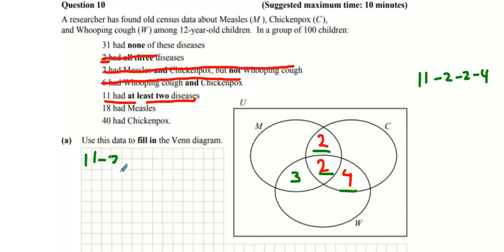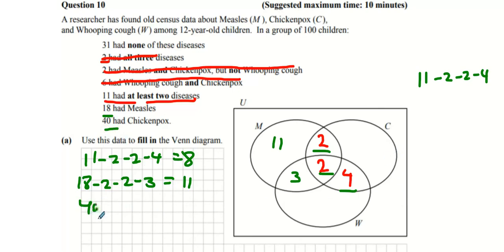Okay, 18 had measles, so it's going to be 18 take away 2, take away 2, take away 3, which should be 11. 40 had chickenpox, so it should be 40 take away 2, take away 2, take away 4, which is 32.